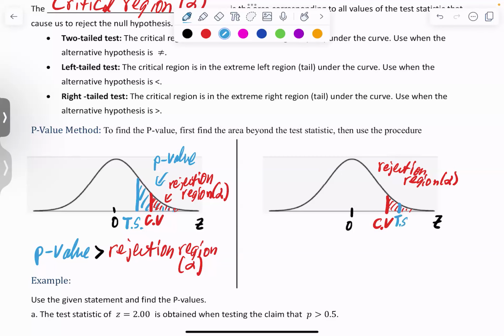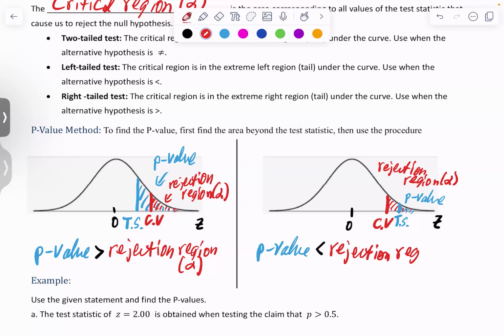This is our test statistic. And this area right here is our p-value. And in this case, we can see that the p-value is less than the rejection region. Again, that's our alpha. And this is what we're going to be looking at: the one is bigger than or less than the other. And in a minute, we'll see the significance of what that's going to mean for us.